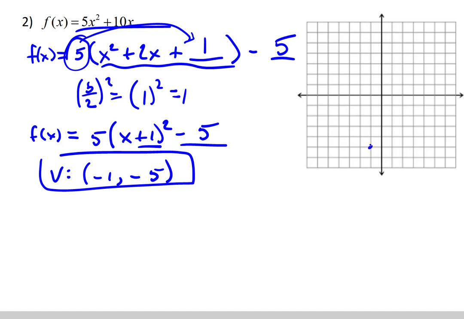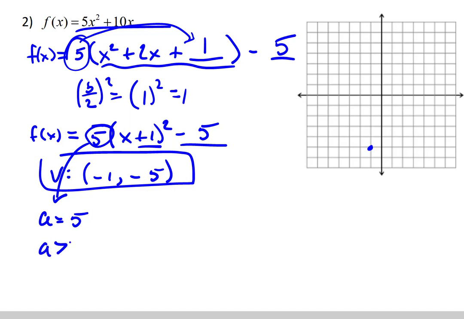Our next step would be to find some other points surrounding the vertex. Now we've discussed already that often intercepts are nice points to use for those. Let's now look back at our equation and recall that in the front of it, remember we factored out this 5? That would be our a value. So we'll say a equals 5.